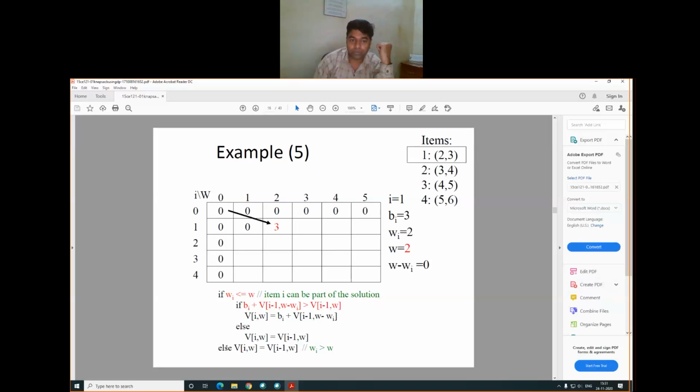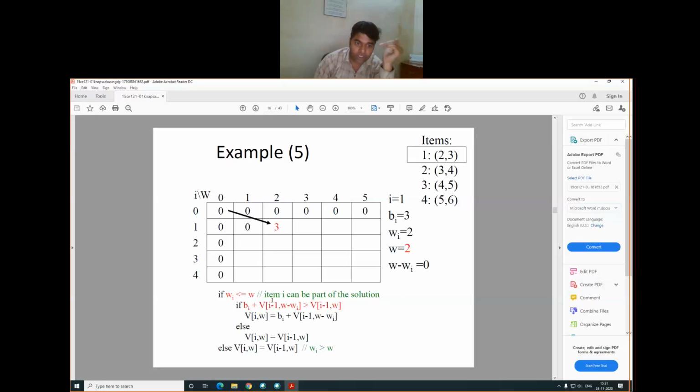Next, here all the things are the same, but now we are changing w, it is equal to 2. Okay, so if w of i is less than or equal to w, yes, this condition is true, so item i can be a part of the solution.